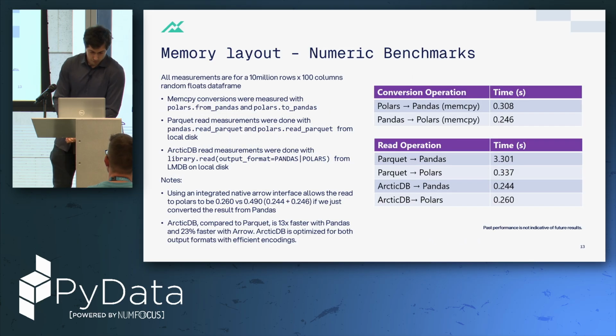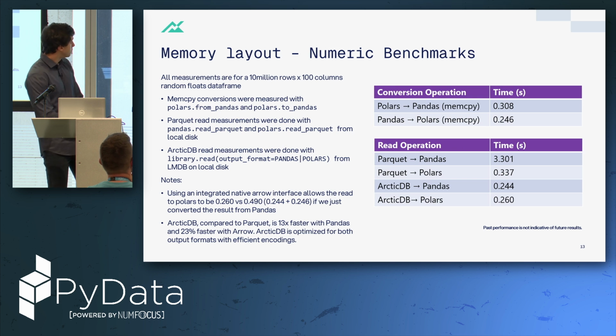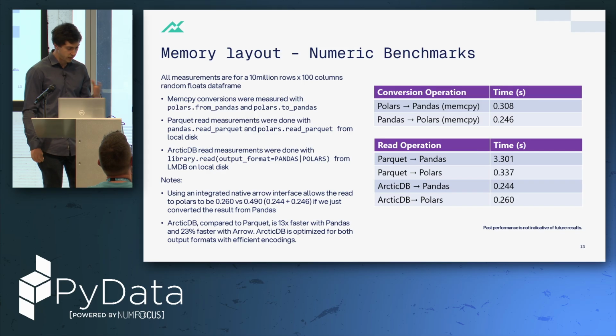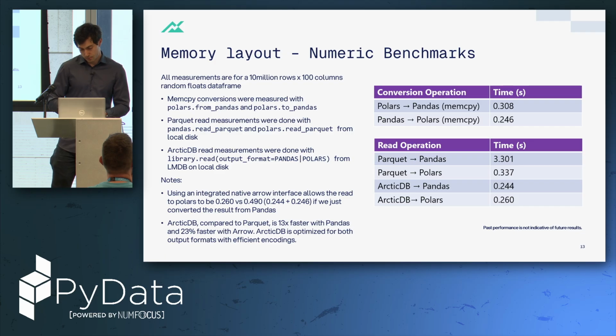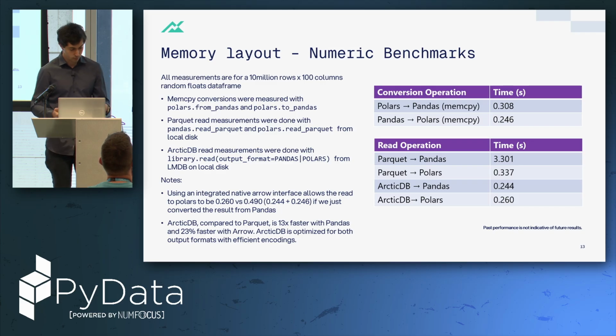So let's talk some benchmarks. If we're discussing the numeric case, which is a bit simpler, for all of the benchmarks you see on the right, we have used a 10 million rows by 100 columns random floats data frame. And you can see the conversion costs between converting Polars and Pandas via memory copy, like with the native Polars methods from Pandas or to Pandas.